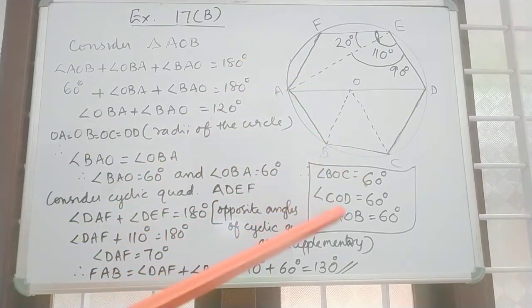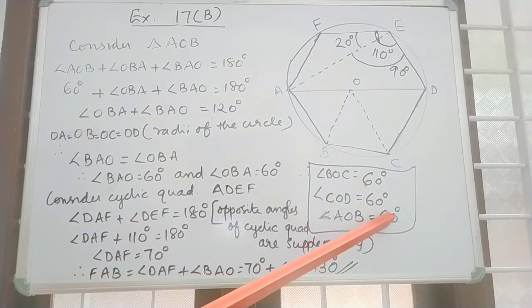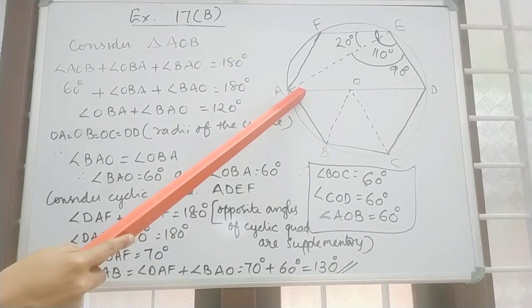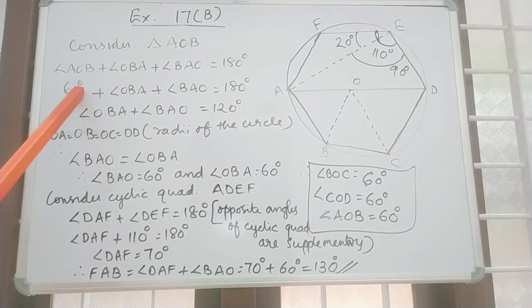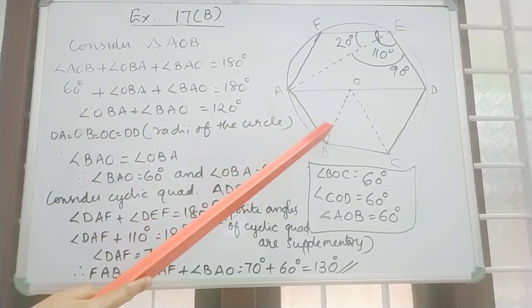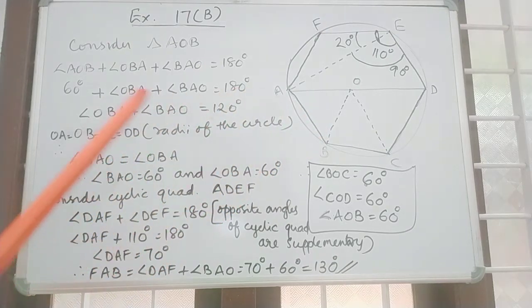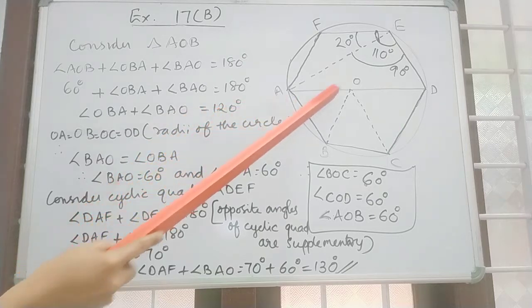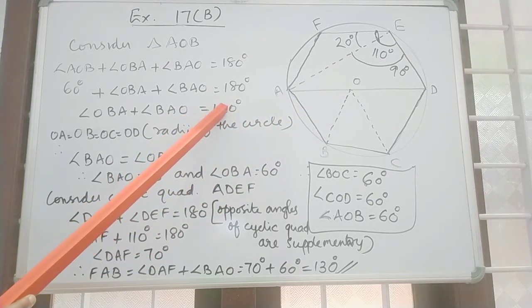From the first part we got angle AOB as 60 degrees. So 60 degrees plus angle OBA plus angle BAO is equal to 180 degrees. So angle OBA plus angle BAO is equal to 180 minus 60, which is 120 degrees.